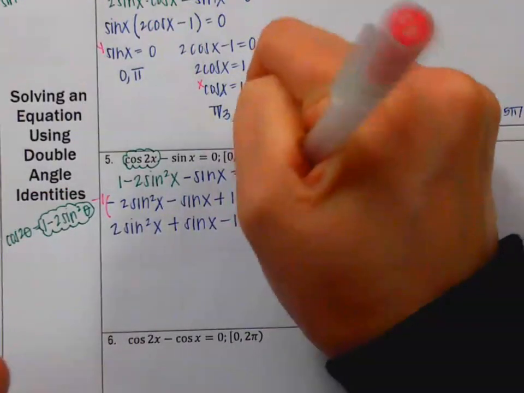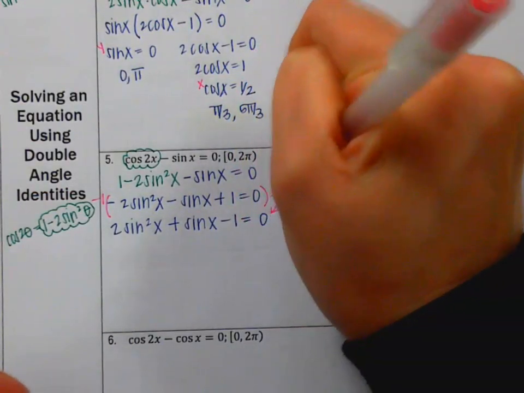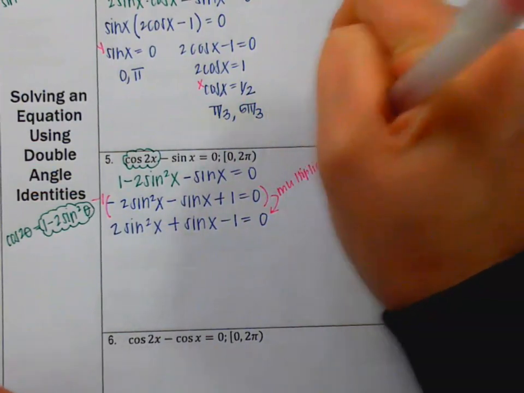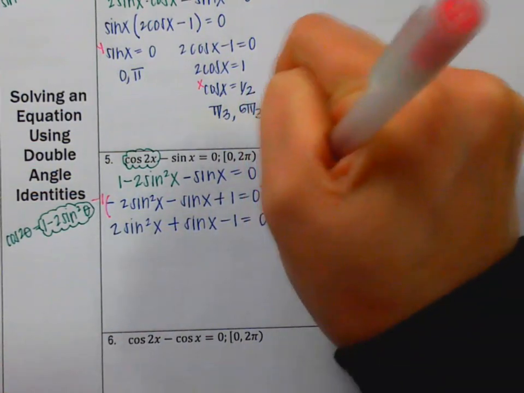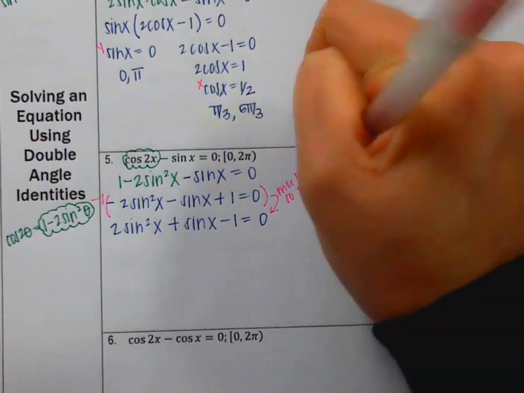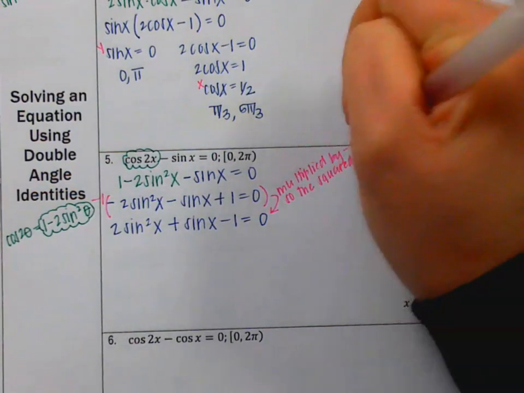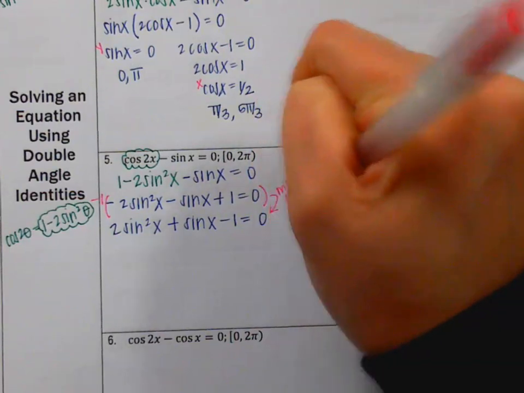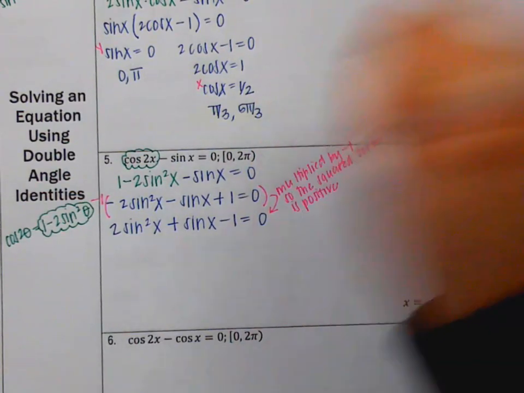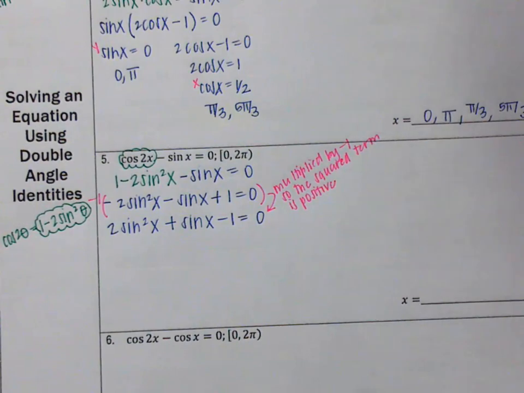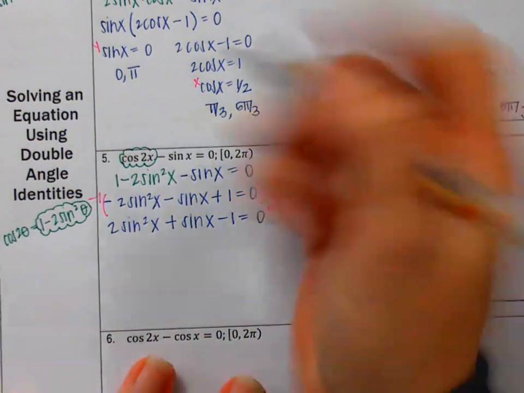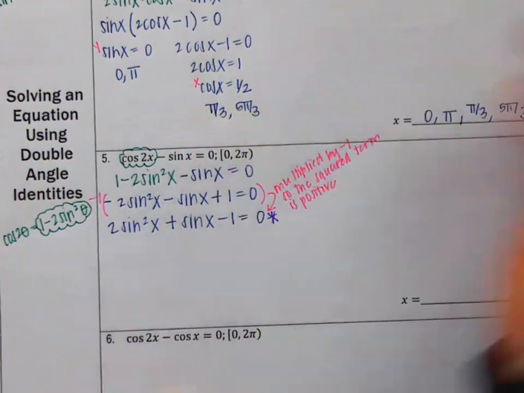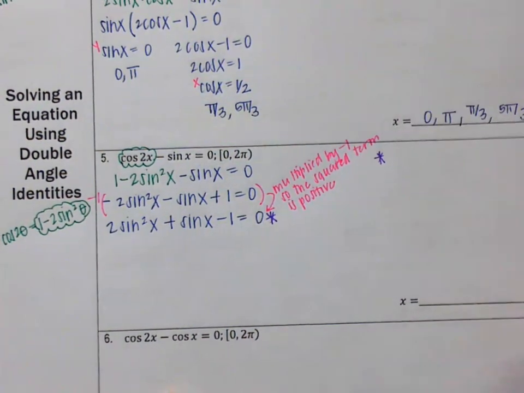So I'm just going to write that here. So the squared term is positive. And now I can go ahead and start to factor this. So I'm just going to kind of factor it with my x's. So I'm going to think about it over here.